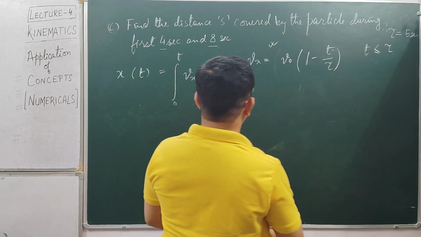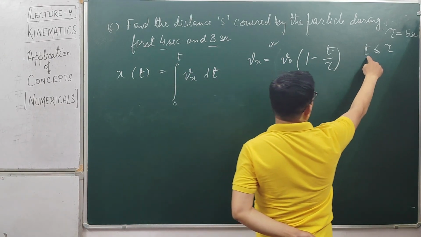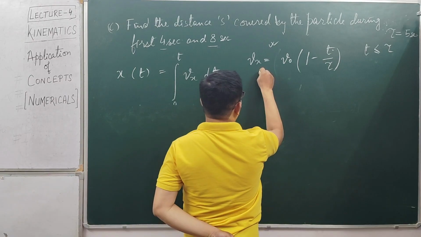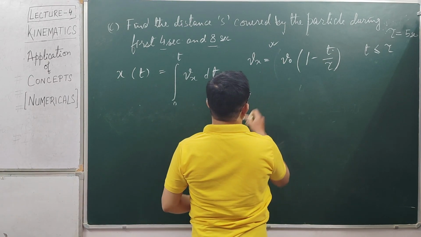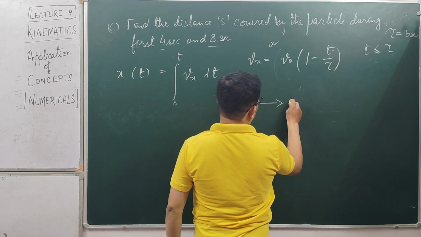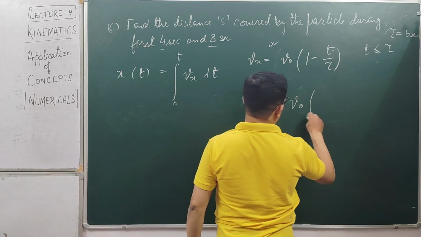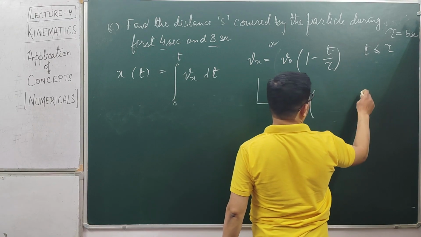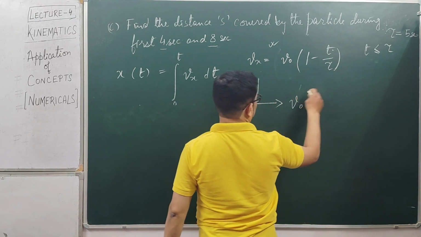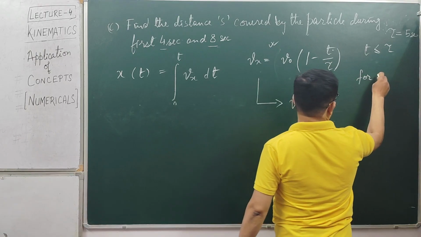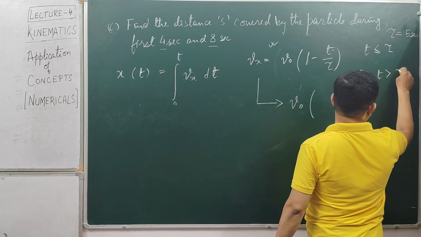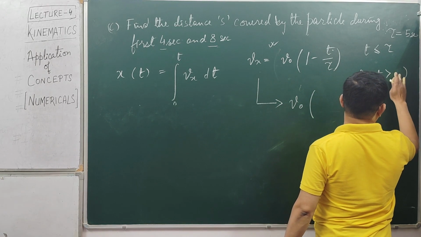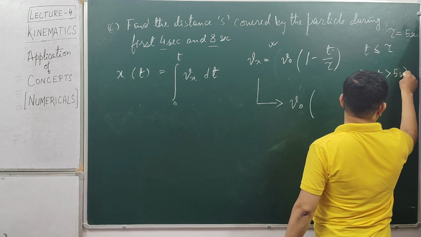So we find that this Vx is this when t is less than tau. What would be Vx? Vx would become V naught, and it would become, if this is 5, right, and if t is for 8 seconds, that is, we can write for some time which is more than tau, which means more than 5 seconds, right?